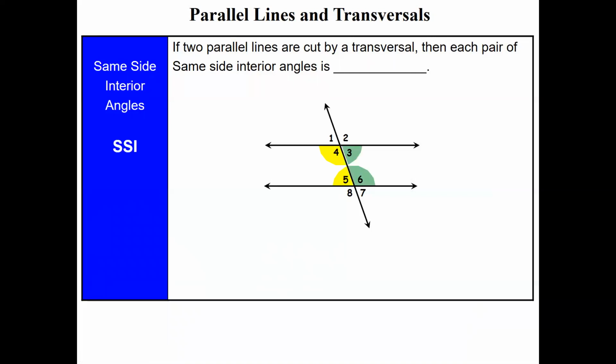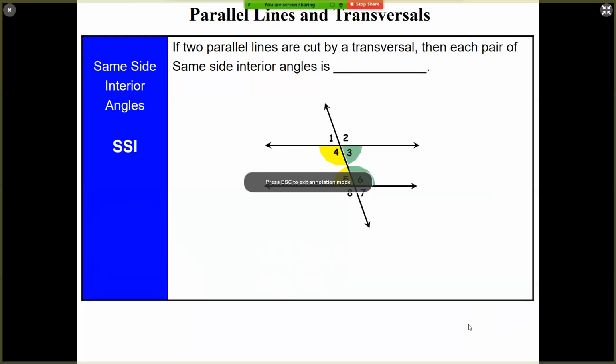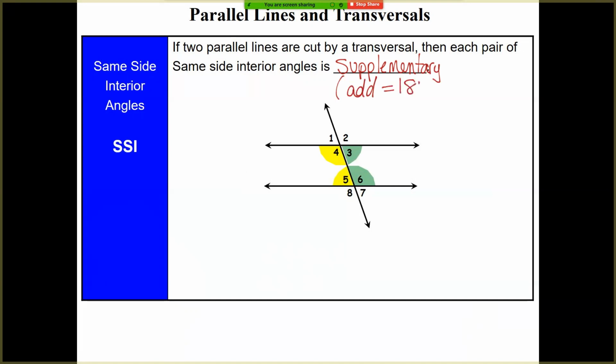All right, next one, two parallel lines. Again, key that the two lines are parallel. Then each set of same side interior angles is supplementary, which means they add to equal 180.